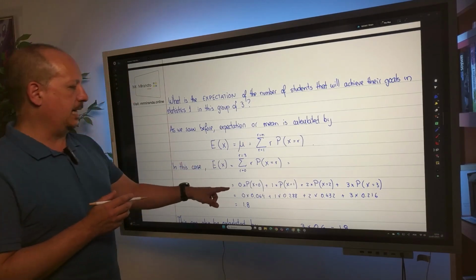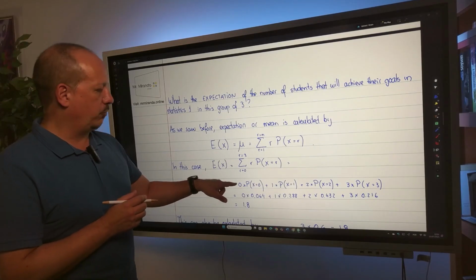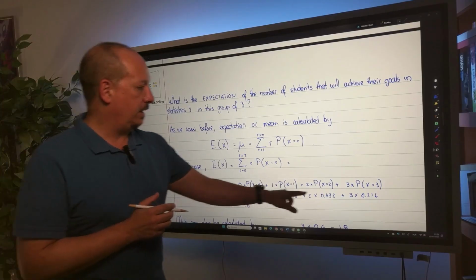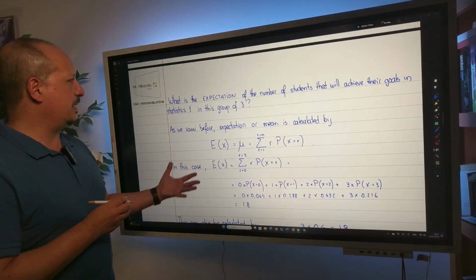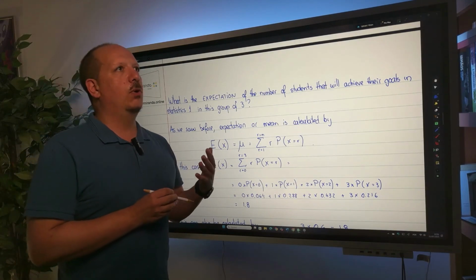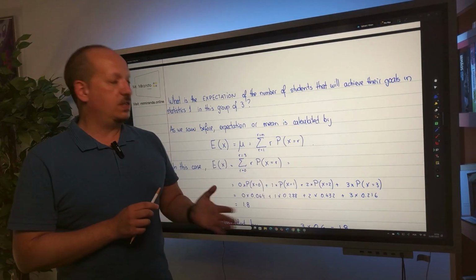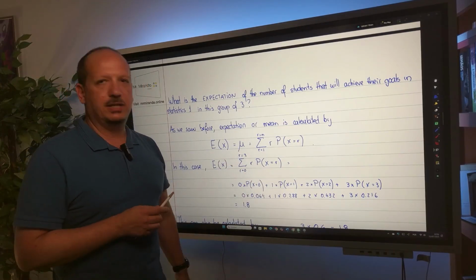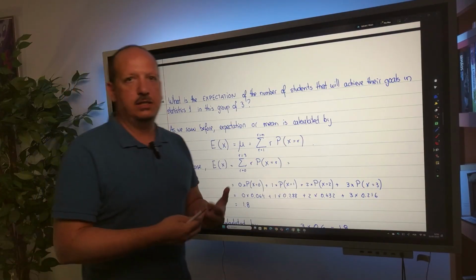I multiplied all the possible results for the random variable from 1 to 3 by the corresponding probability, and I got this result, 1.8. So what is the most likely result for the number of people achieving their goals? It is 1.8, rounded to whole numbers because you don't have 1.8 people. This would be between 1 and 2, more likely to be 2.